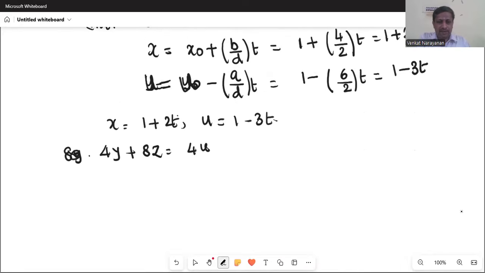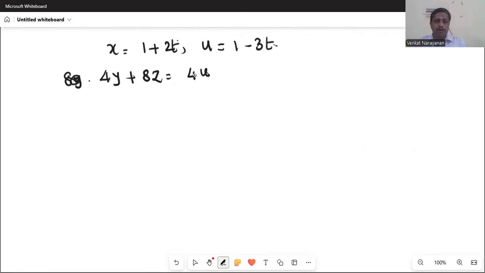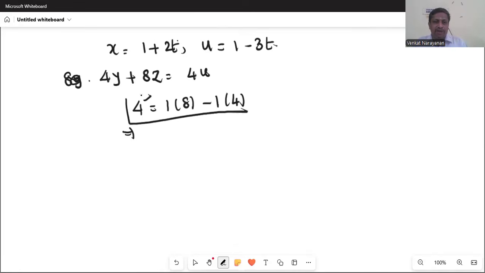Now we write the GCD 4 as a linear combination of 4 and 8. How will you write it? 1 times 8 minus 1 times 4, a simple manner. So we can clearly understand that 4 can be written as 1 times 8 minus 1 times 4.